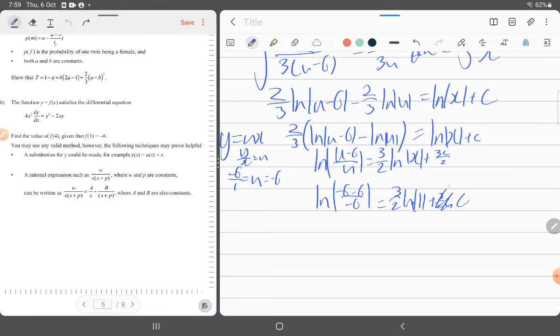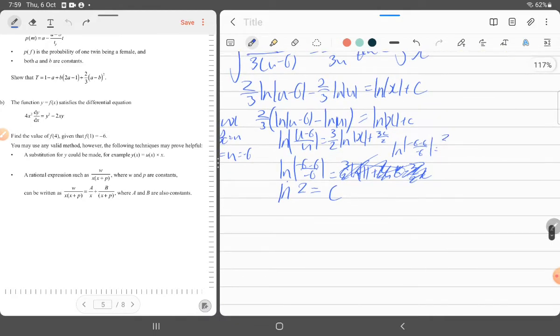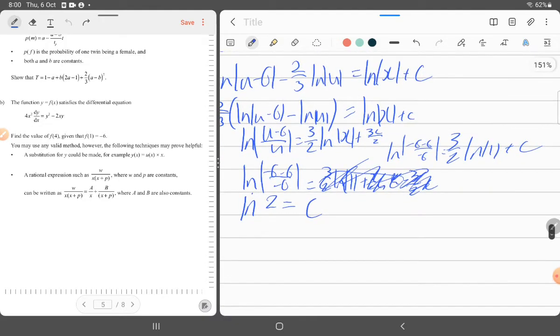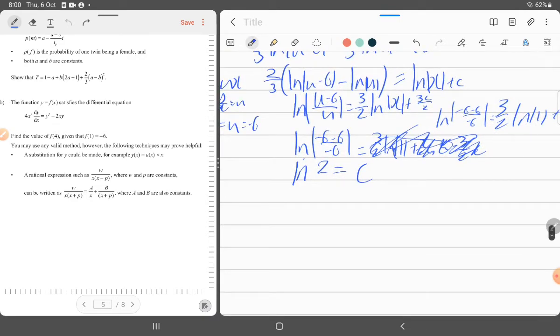I want to create a new constant, so that we keep the natural log, so the constant is natural log of 2.